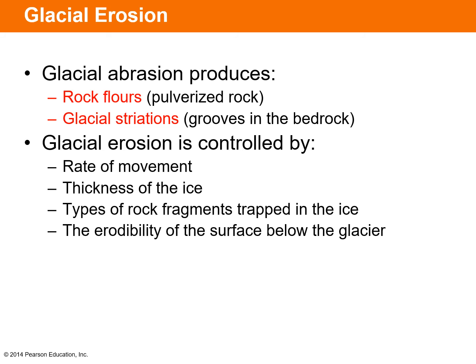A lot of times you can see parallel lines or grooves in the bedrock where a glacier and the sediment on the bottom of the glacier ground over that bedrock when a glacier existed there.